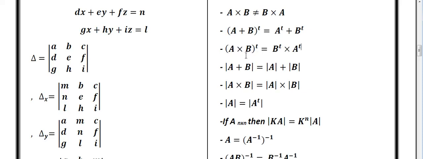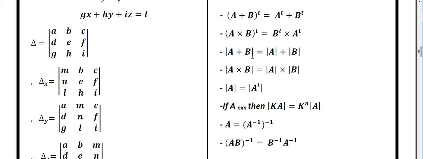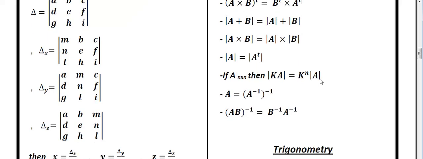The transpose of A product B equals B transpose multiplied by A transpose. The magnitude of A plus B equals the magnitude of A plus the magnitude of B, and the magnitude of A product B equals the magnitude of A times the magnitude of B. The magnitude of A equals the magnitude of the transpose of A. If A is an n by n matrix, then the magnitude of K times matrix A equals K to the power n times the magnitude of A. It's very important, these properties.